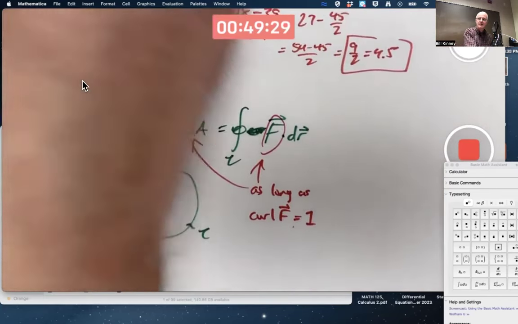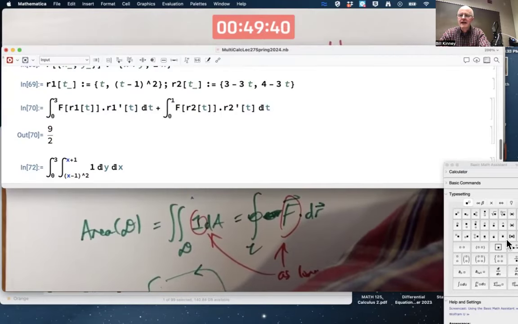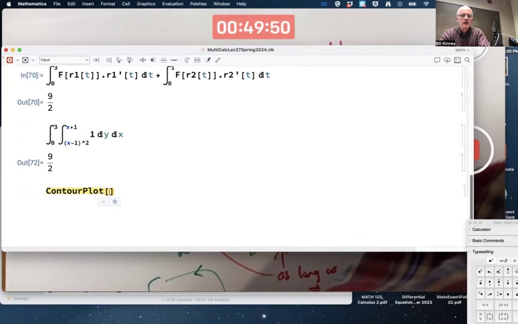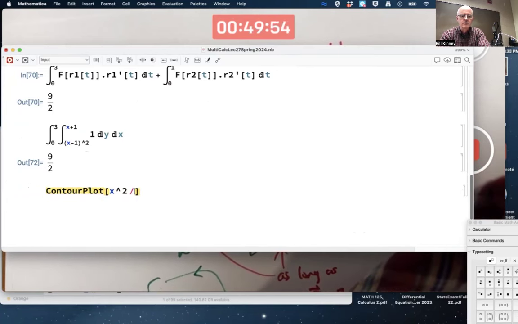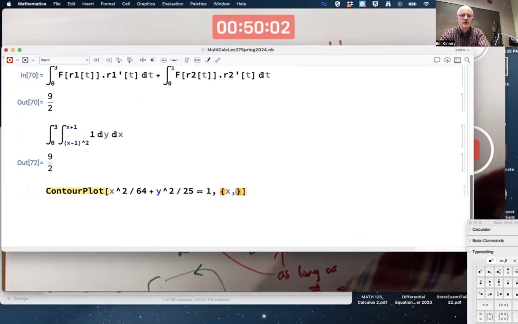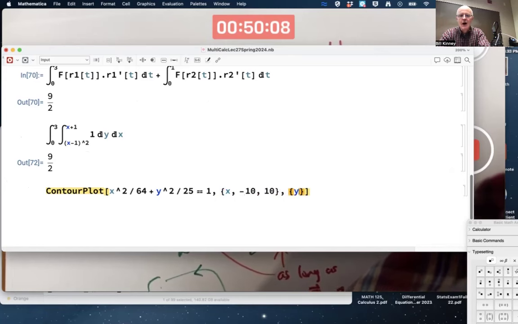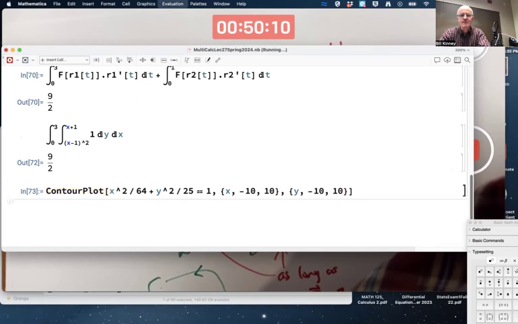End class with an example. Say you'd like to figure out the area of an ellipse. Maybe it's the ellipse with equation x squared over 64 plus y squared over 25 is 1. That's going to have x-intercepts at plus or minus 8, and y-intercepts at plus or minus 5.